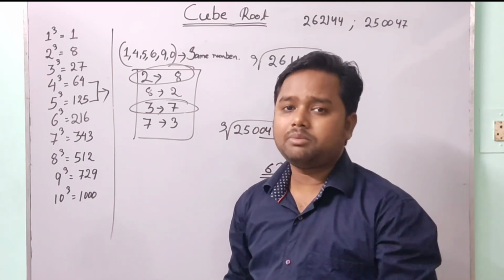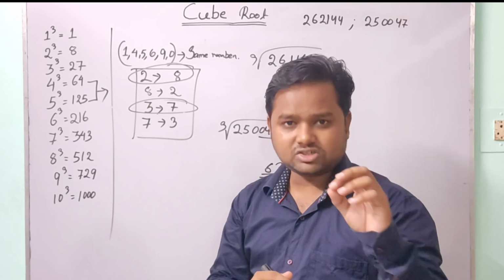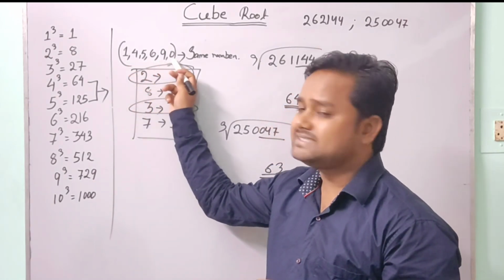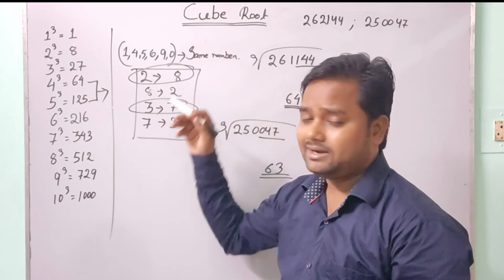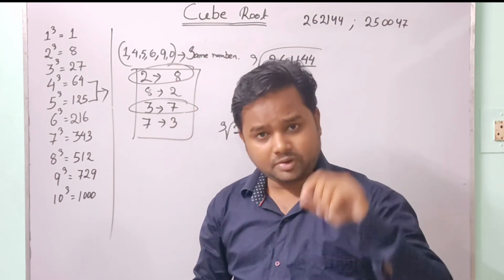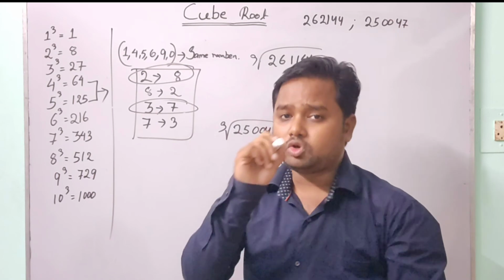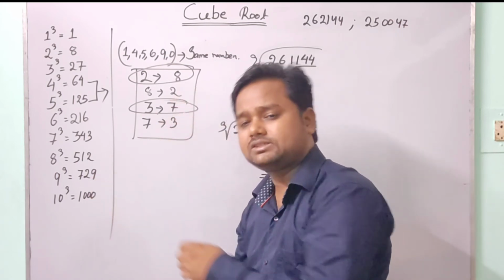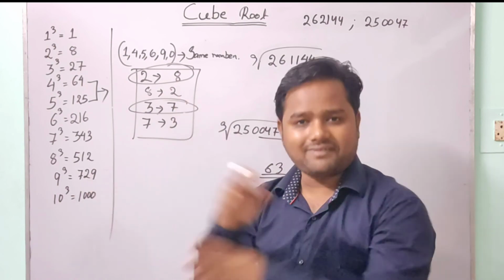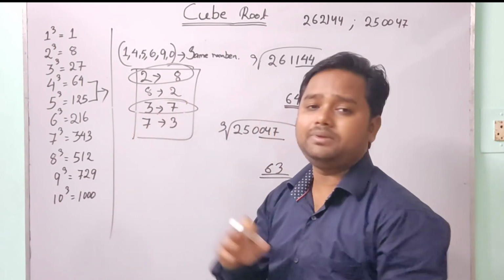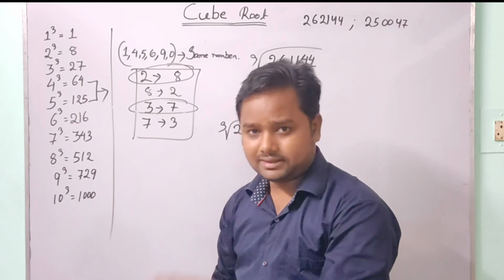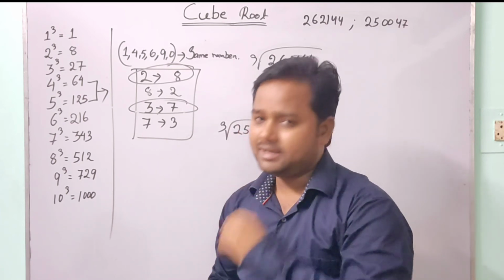Another point to remember is that when the unit digit is 1, 4, 5, 6, 9 or 0, the same digit is repeated. When it is 2, its cube root ends in 8, and in place of 8 is written 2. That means 2 and 8 are vice versa, and 7 and 3 are swapped too. In place of 7 we write 3, and in place of 3 we write 7.